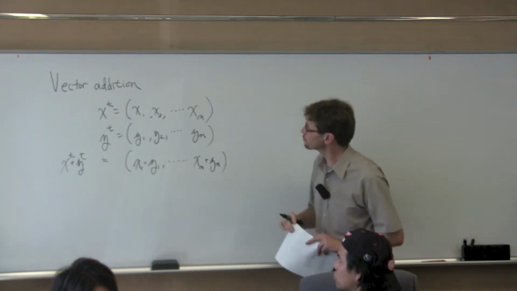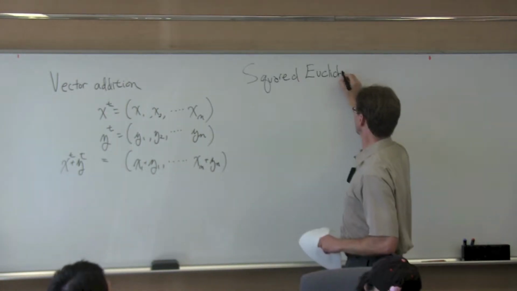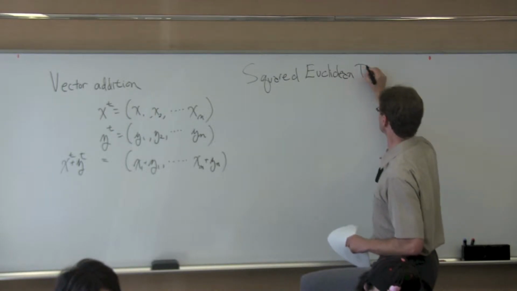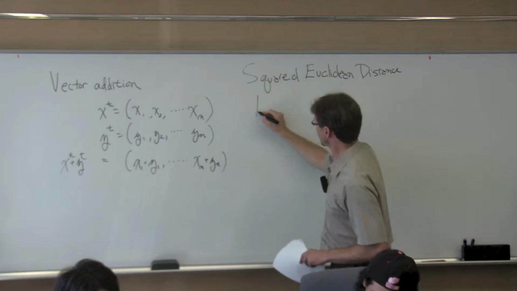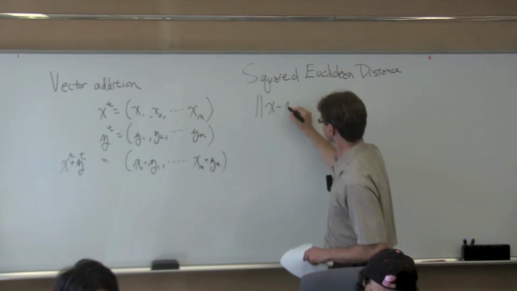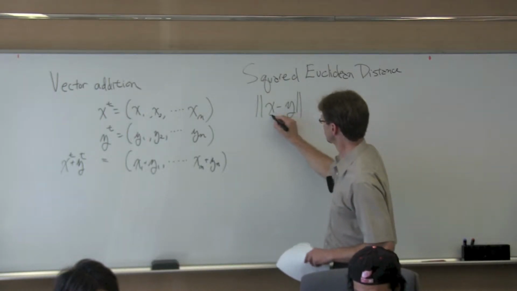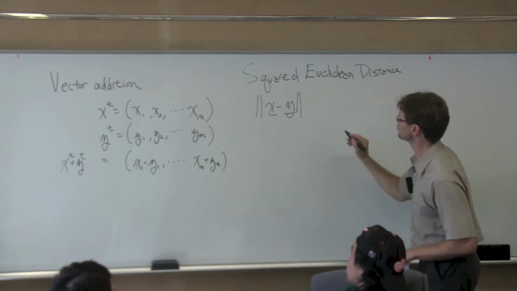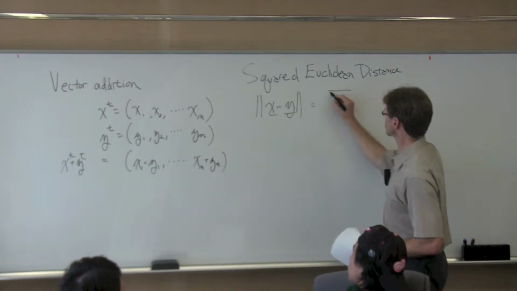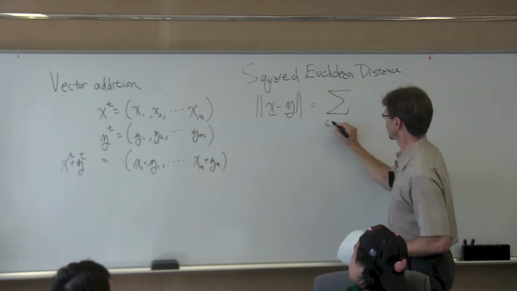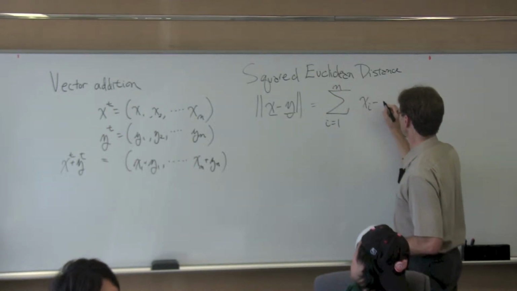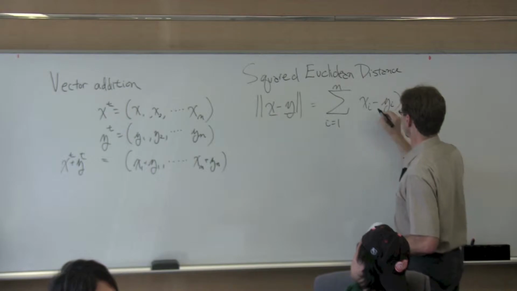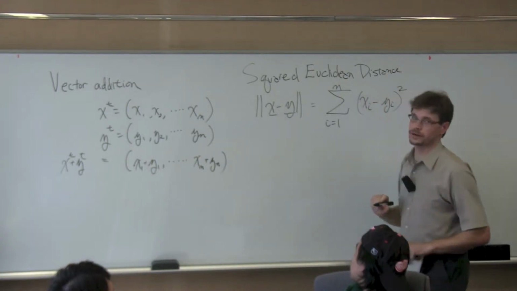That's very familiar. The squared Euclidean distance is denoted as ||x minus y||², these are vectors, and is equal to the sum for i from 1 up to n of (xi minus yi) quantity squared.